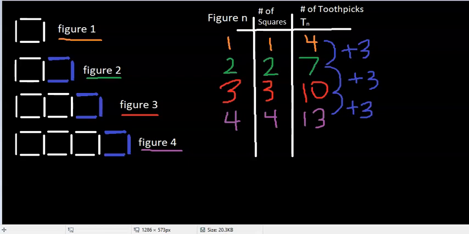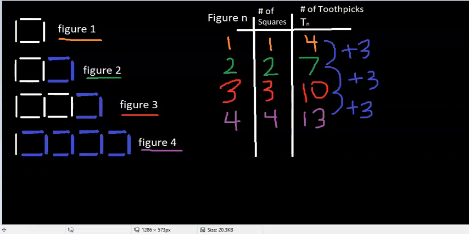So we can see how Figure 4 has 3 toothpicks for one square, 3 toothpicks for the next square, 3 toothpicks for the next one, and 3 toothpicks to make that fourth square. So we have really a chain of 3 toothpicks 4 times plus that initial toothpick.